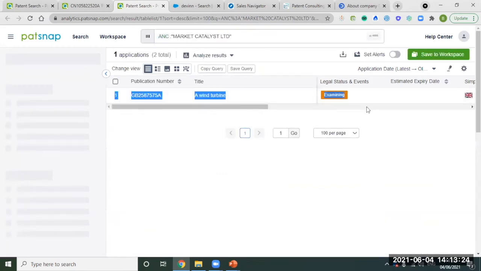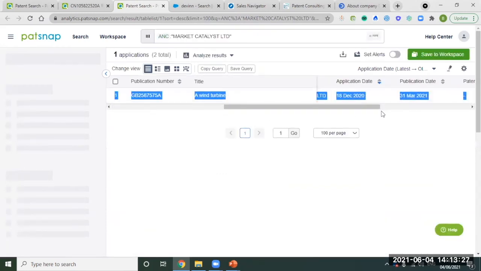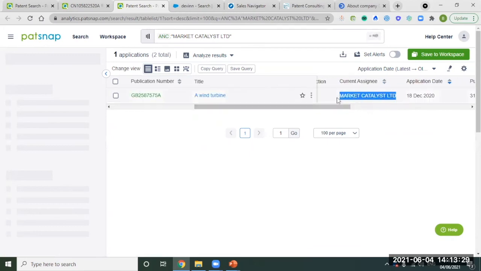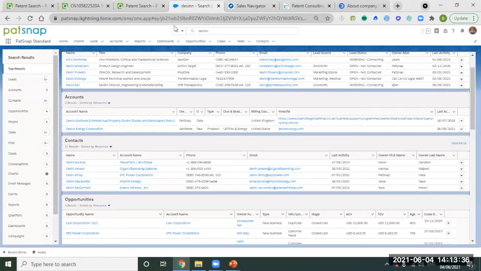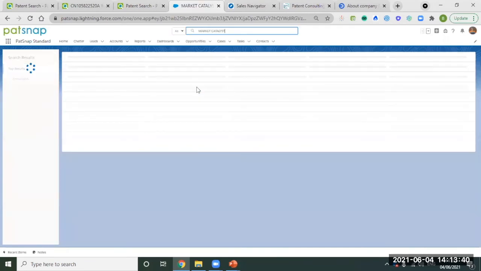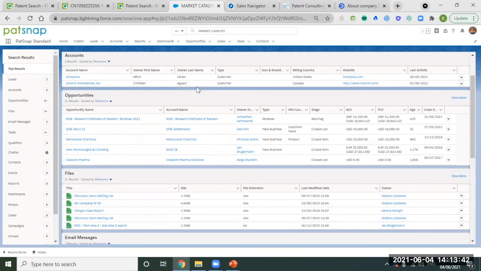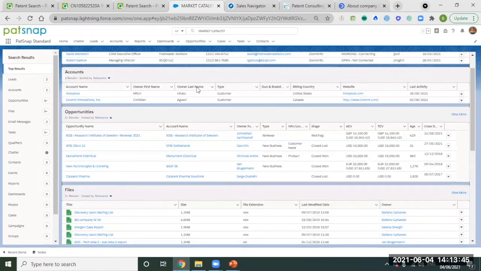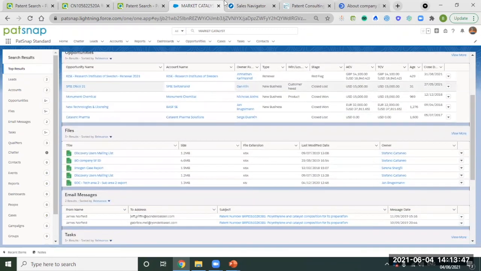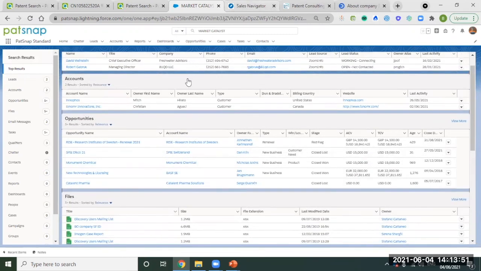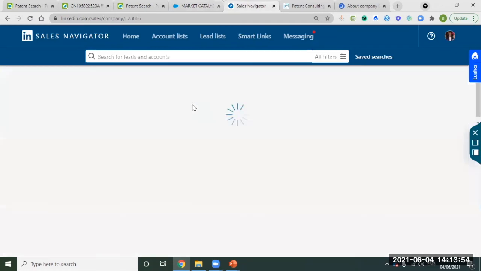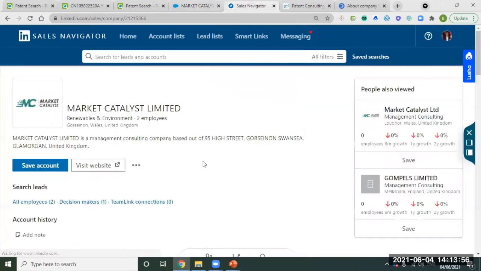So we finally got there. Market Catalyst. Let's see if these guys are on Salesforce. No. Doesn't look like it. Okay. Let's find out more about them.